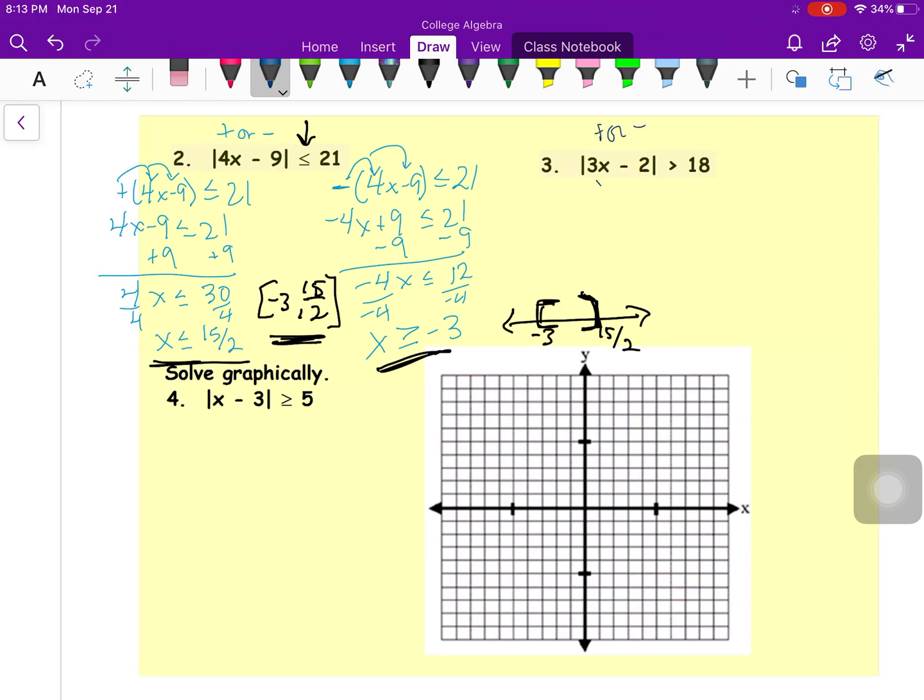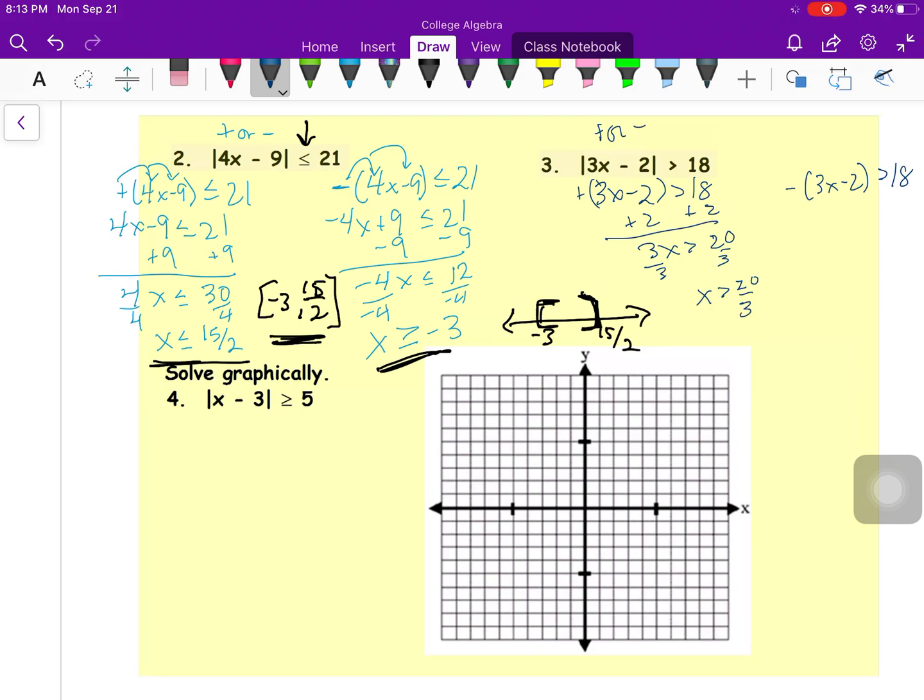Positive or negative. So the positive would be 3x minus 2 greater than 18. The negative of 3x minus 2 would be greater than 18. The positive is just as it is. So I'm going to add 2. And I get 3x is greater than 20. Divide by 3.